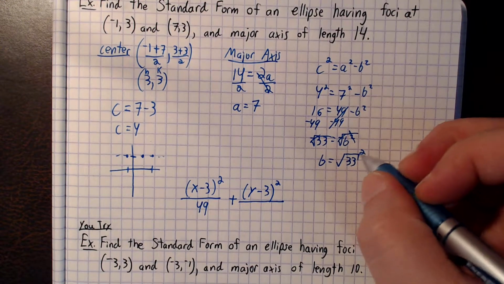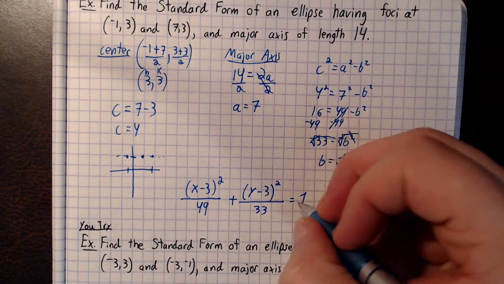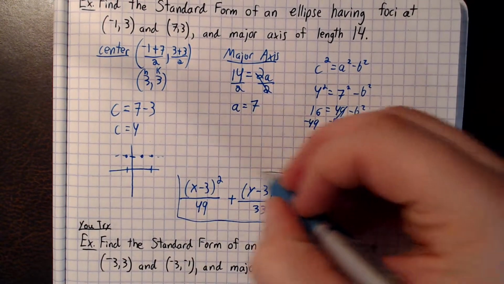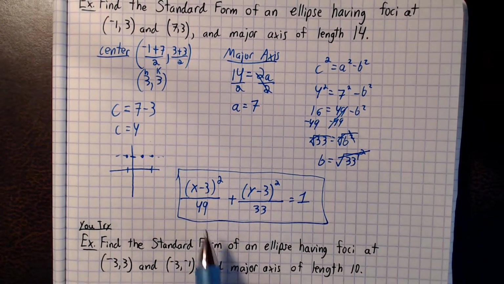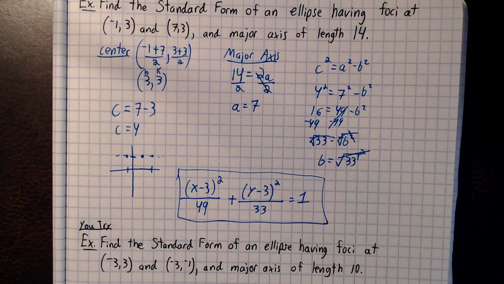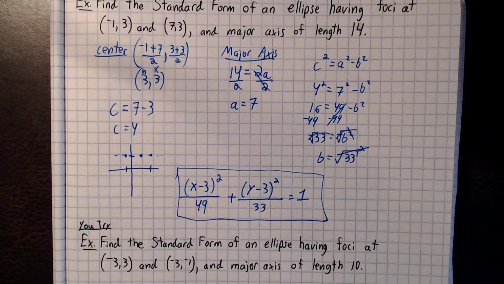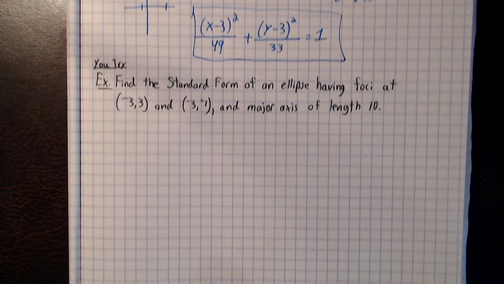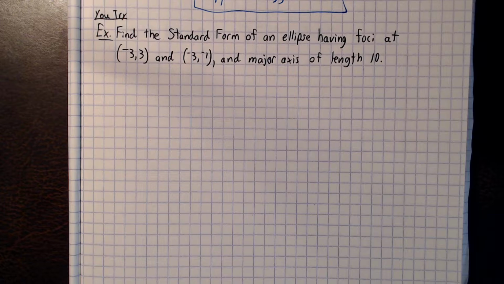If we square this, we get 33, and that's going to equal 1. Remember, the formula said to square a and square b. That's why we got rid of the square root, and that's a 49 instead of a plain old 7. I'm saying a lot of the wrong things here, guys, but doing the math correctly, which is good.